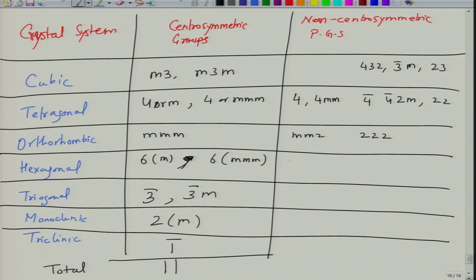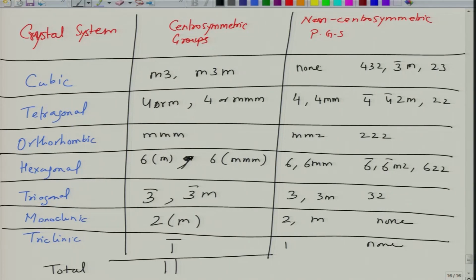In the hexagonal we have 6, 6mm, bar 6 m2 and 6 2 2, and then we have 3m and 3 2, 2m and none, and 1 and none. I will tell you why we have drawn them in two columns in a minute.